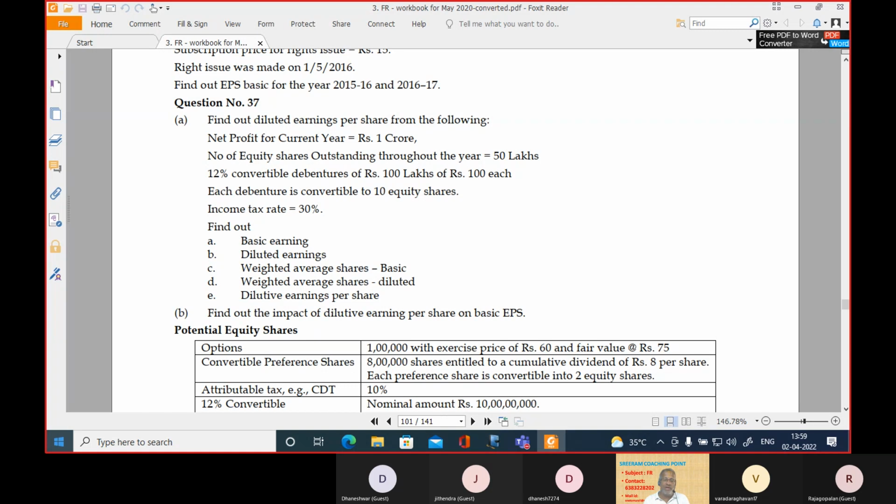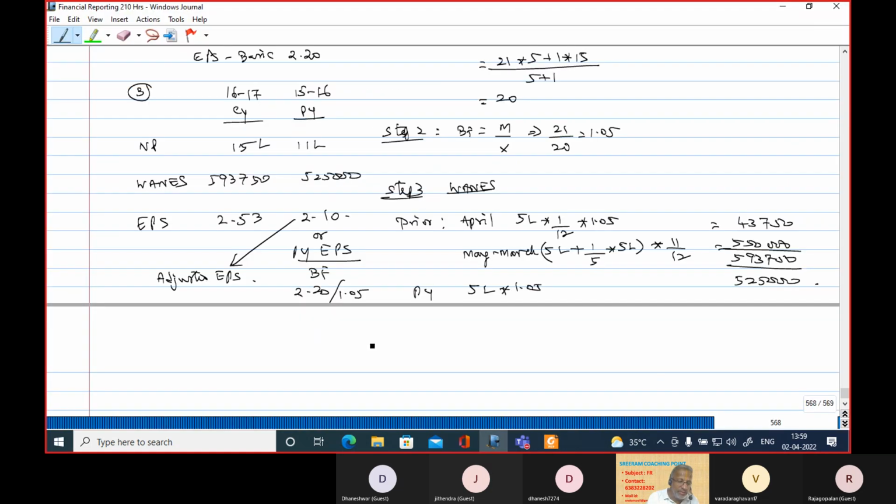Application of the effective interest rate: you would have just seen the amortized cost schedule. You will have opening balance, you will have interest, you will have a cash flow, and we will arrive at the closing capital. The effective rate of interest may be 12% and cash flow may be 9%.